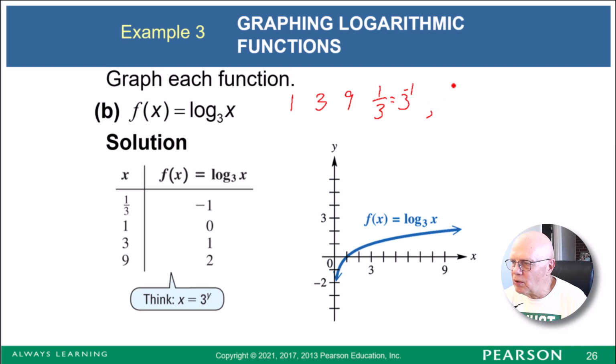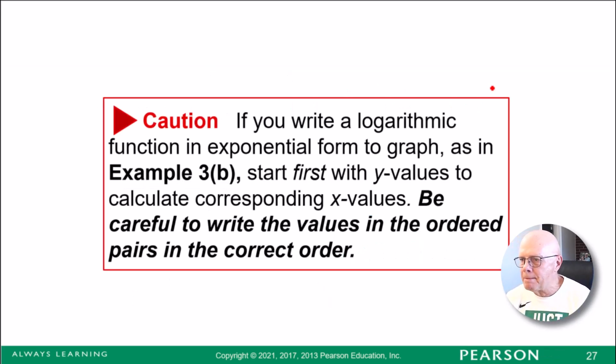And you also want to use 1 over 9, which is 3 to the -2, another integer. So if you want to write a logarithmic function, compare it with your exponential one.